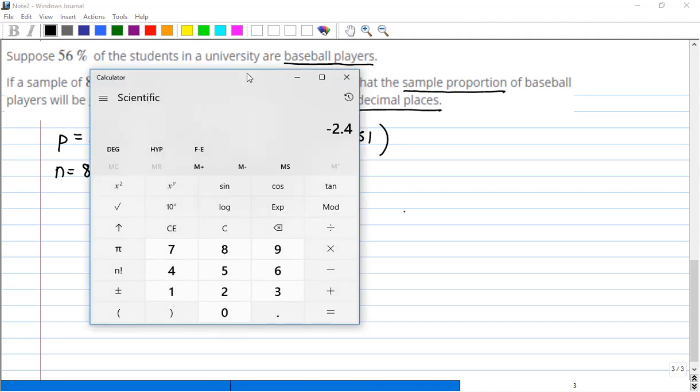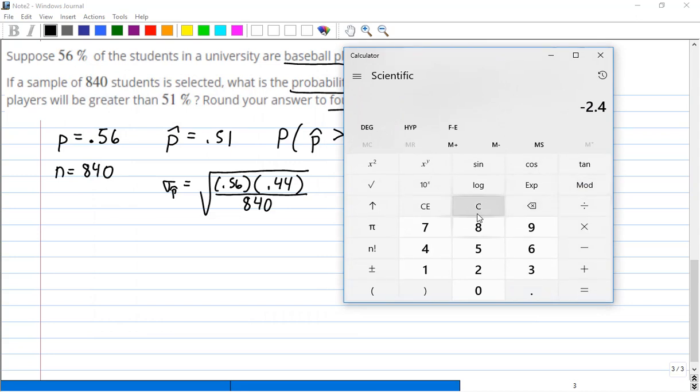I'll be surprised if this is a real pretty, terminating decimal. 0.56 times 0.44 equals, divided by 840 equals, and then take the square root of that.